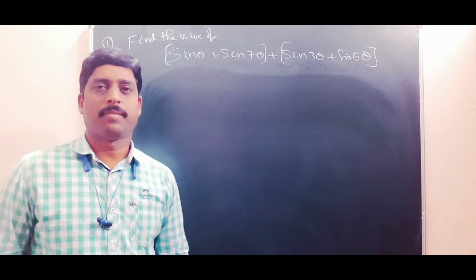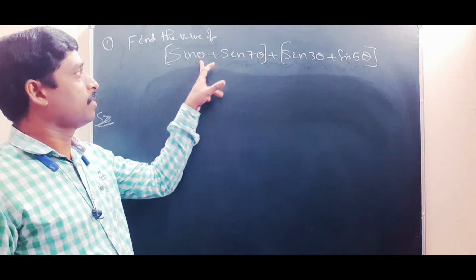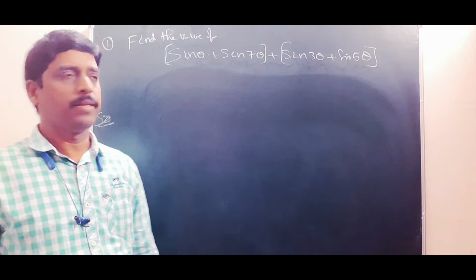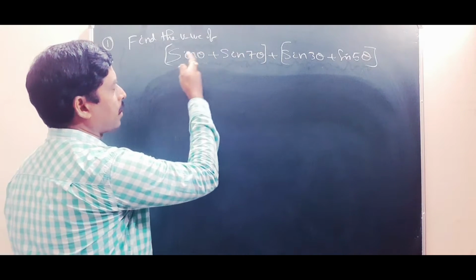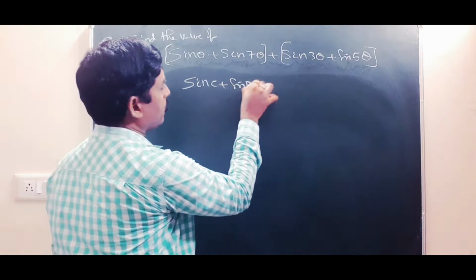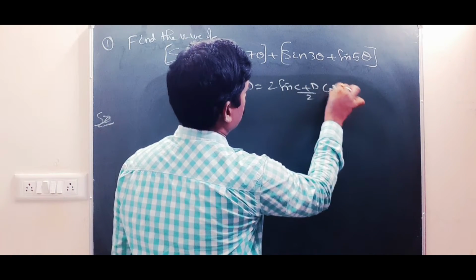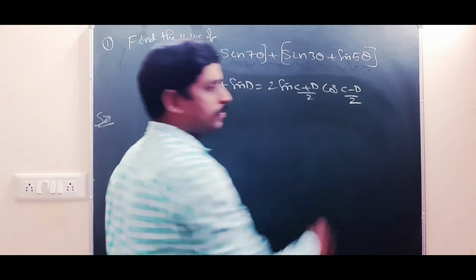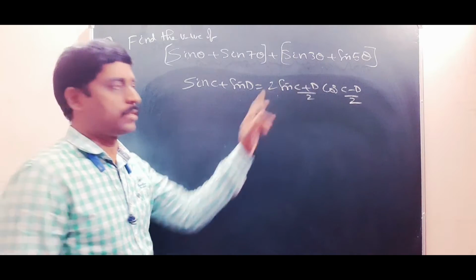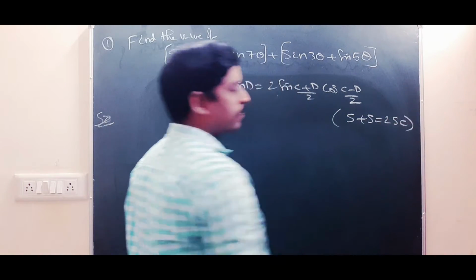Okay, now let us explain question number 1 from transformations. Find the value of sin theta plus sin 7 theta plus sin 3 theta plus sin 5 theta. We have the formula sin C plus sin D is equal to 2 sin (C plus D) by 2 cos (C minus D) by 2. Our coding is S plus S is equal to 2SC.